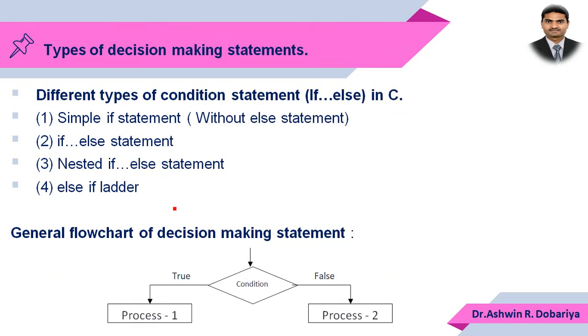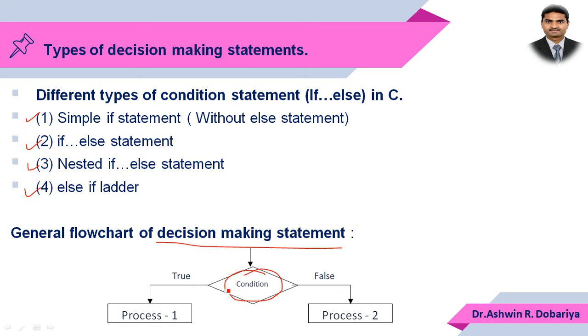Now these are the 4 different types of condition we can write in C language. First type of if condition is the simple if statement. Then the if else statement. After that, the third type is nested if else, and the fourth is the else if ladder. Now the general flowchart of the decision making statement, or we can say the C statement, is: if always checks the condition, and the condition has two options.